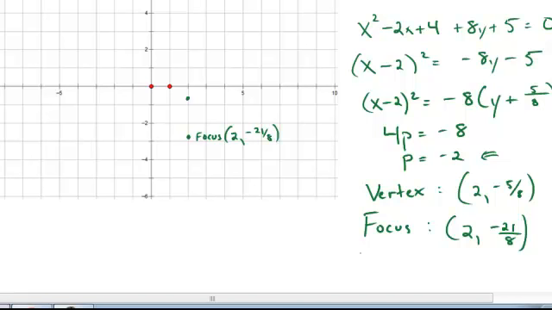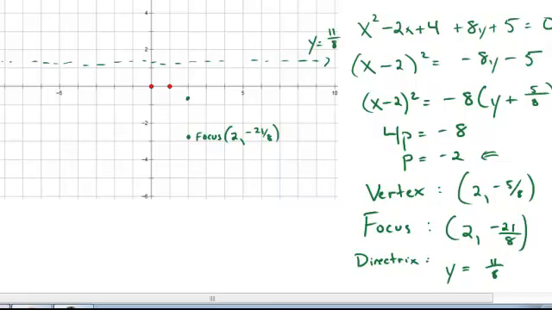Which means the directrix must go up 2. So it's going to be of the equation y equals, let's see, 11 over 8. And that's going to be here. This is y equals 11 over 8.